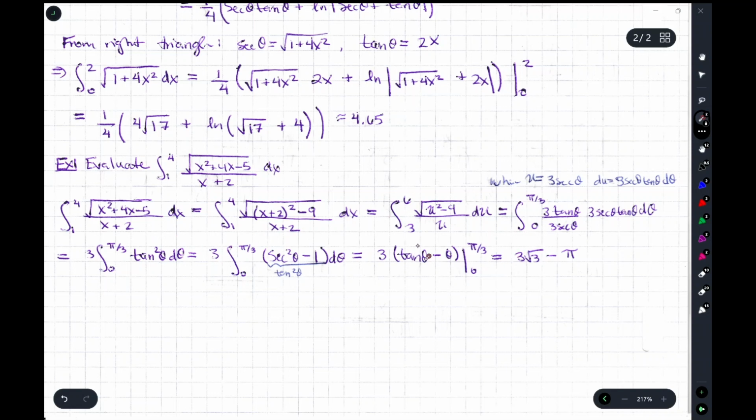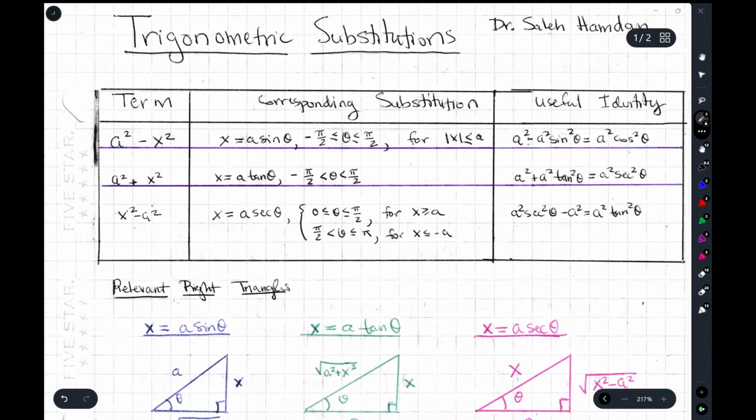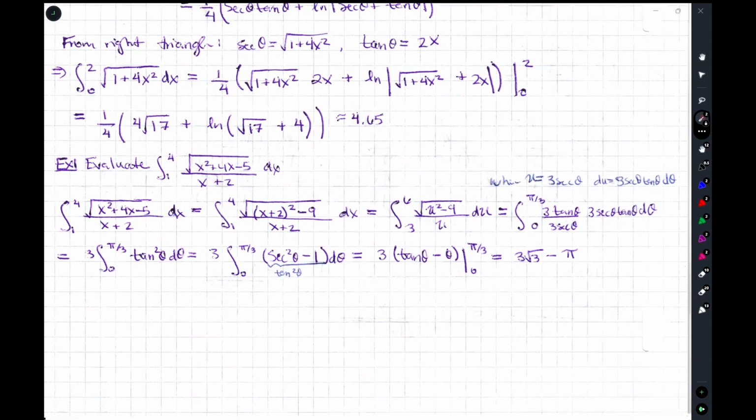Then you use u substitution, and now you do have u squared minus 9, and that does look like this. And so we're going to do the substitution u equal to 3 secant theta. So we completed the square, did a u substitution.